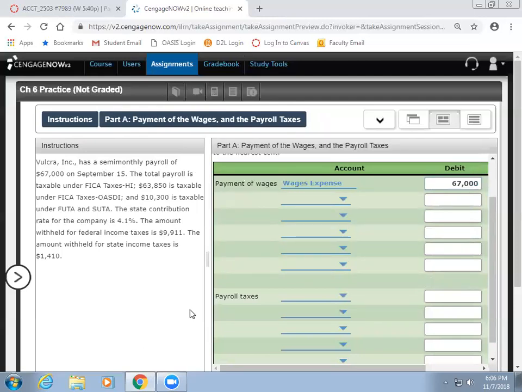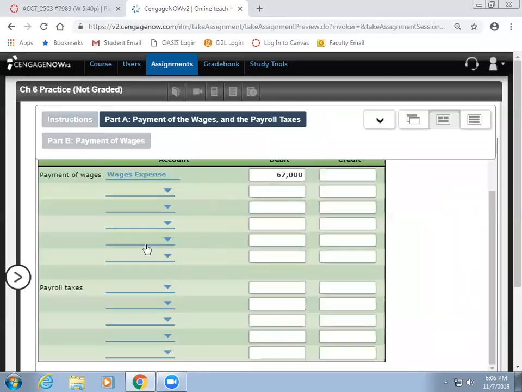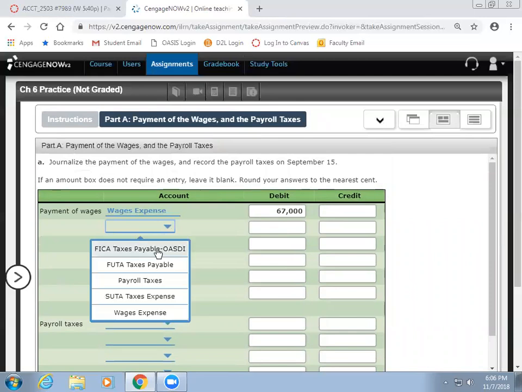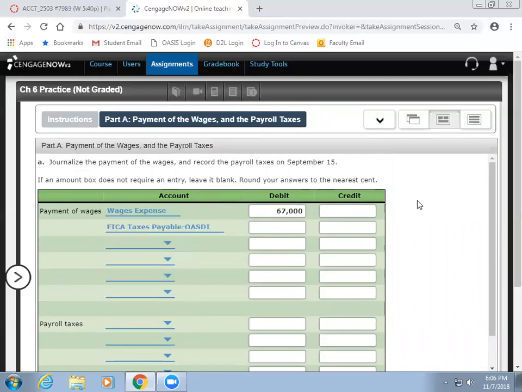Okay. I'm going to close that off so we have room here. We're also still going to withhold FICA OASDI. Here they just told us that our taxable amount under FICA taxes OASDI is $63,850.